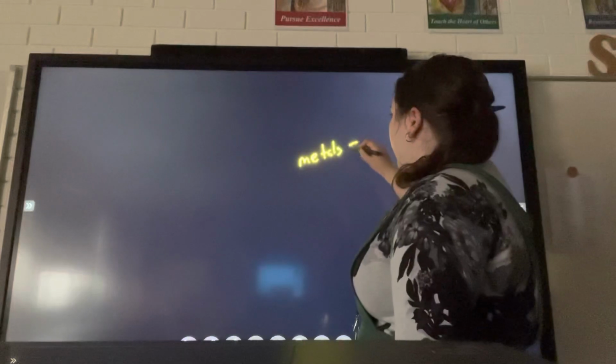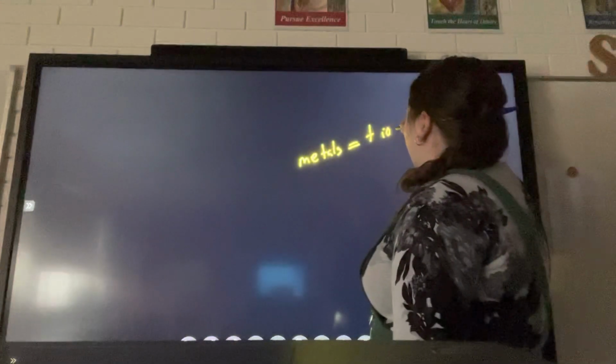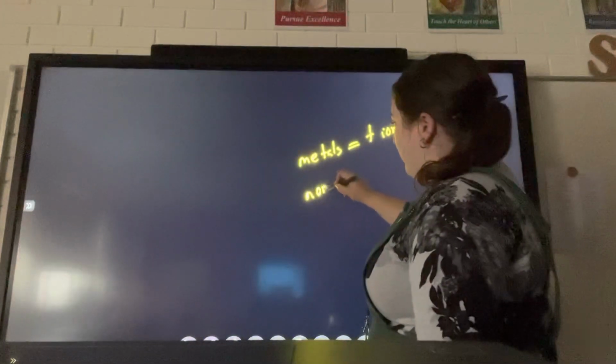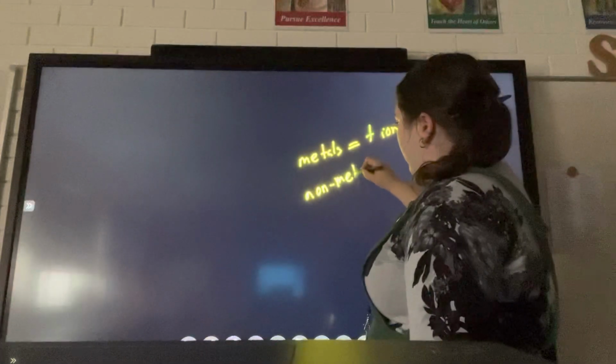I can tell what type of ion an element will be based on where it is in the periodic table. So, metals, normally positive ion. Non-metals, negative ions. Okay?